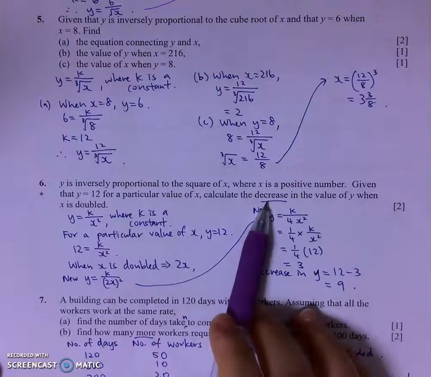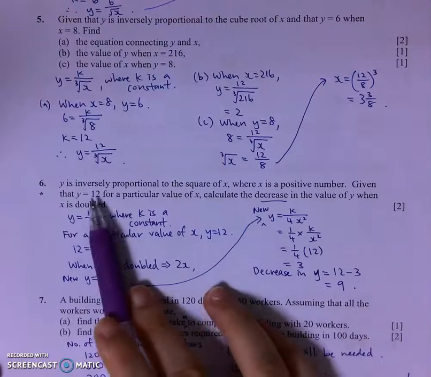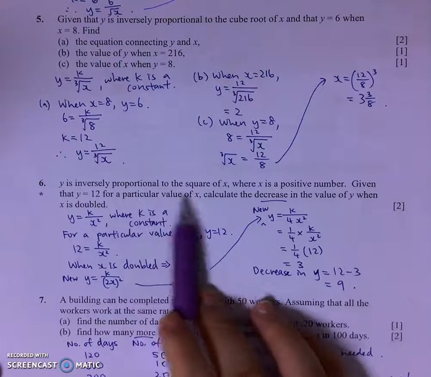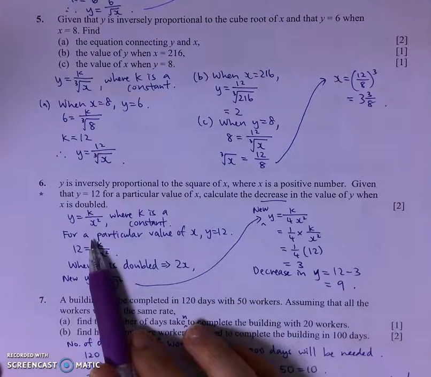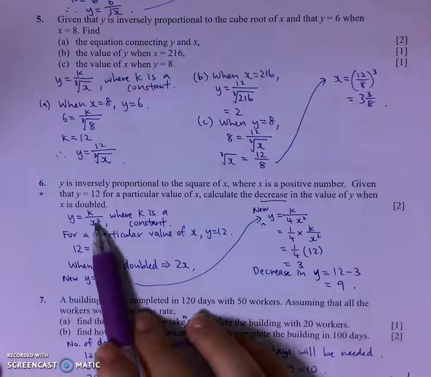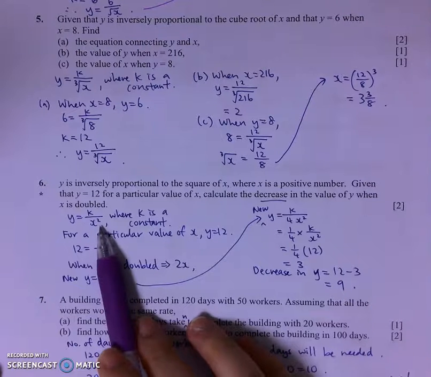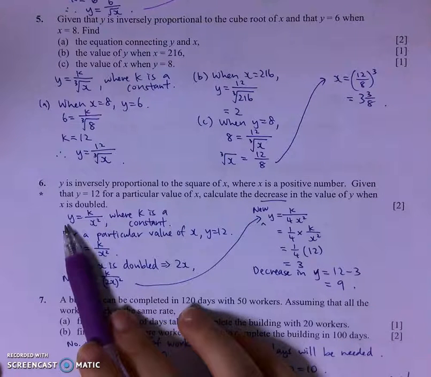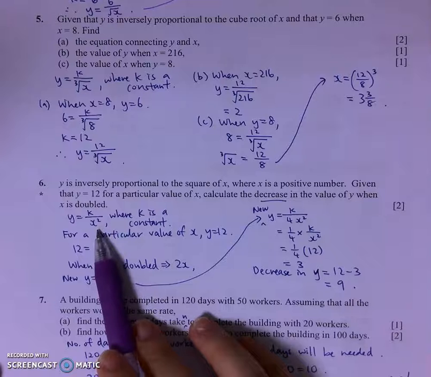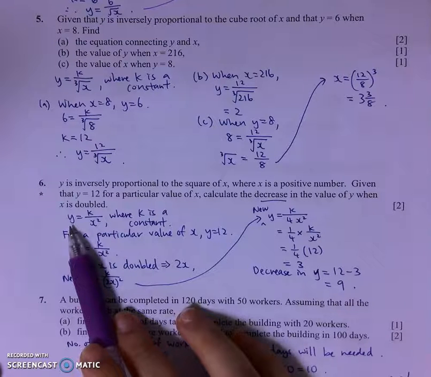Now the decrease in y when x is increased is expected because the two are inversely proportional. When x goes up, x squared goes up, but y is inversely proportional to x squared, so the value of y will have to decrease.